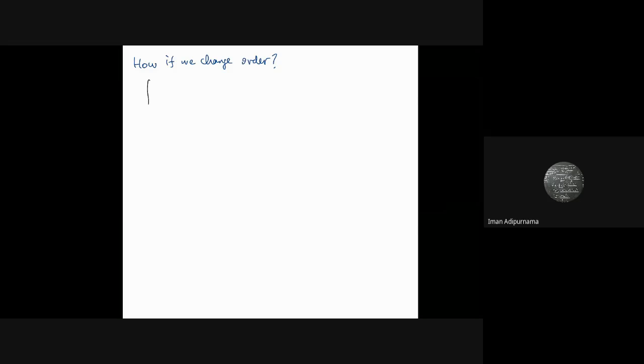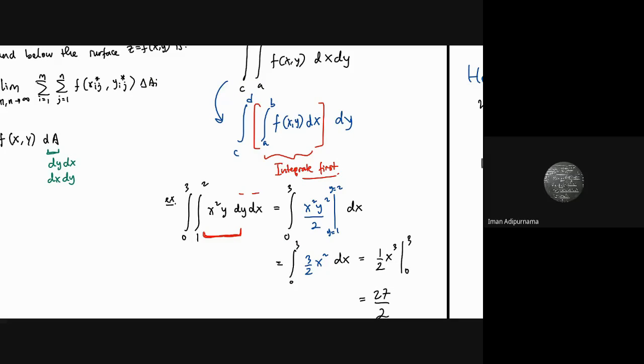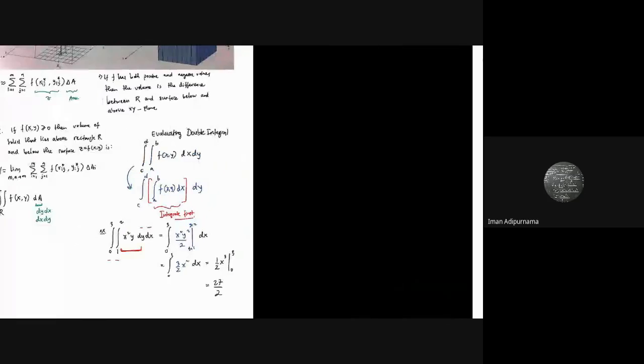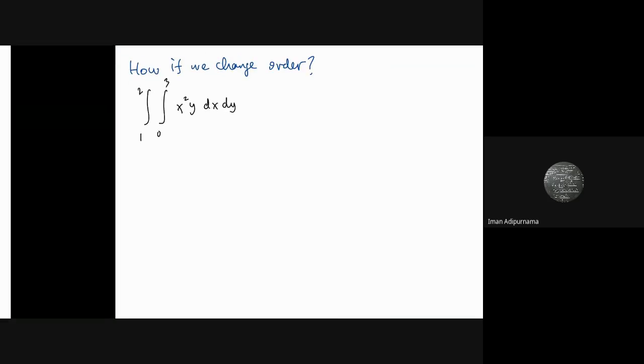Okay. So what if we change the order? For example, this is from 1 to 2, 0 to 3, still the same, and then dx dy. So you see, this is a similar equation, but we are exchanging the dy dx order of these integrations. So if we change the order, then we are integrating the inside and then the outside, right?